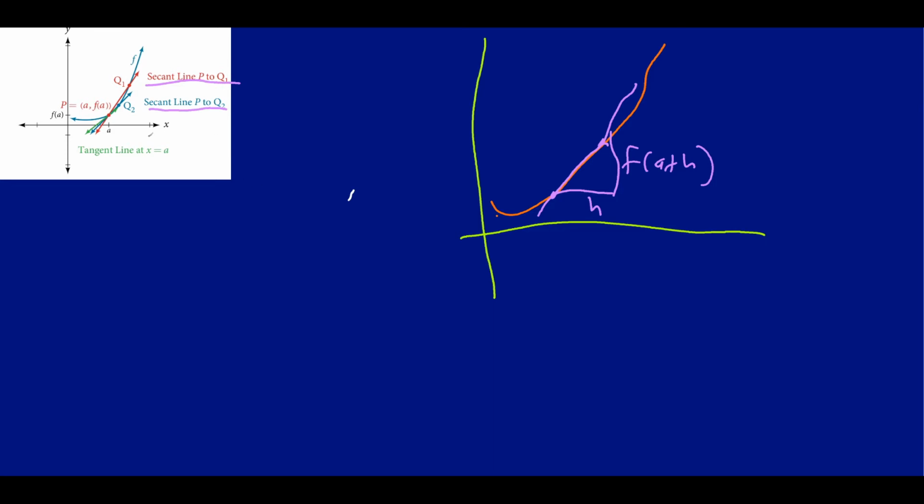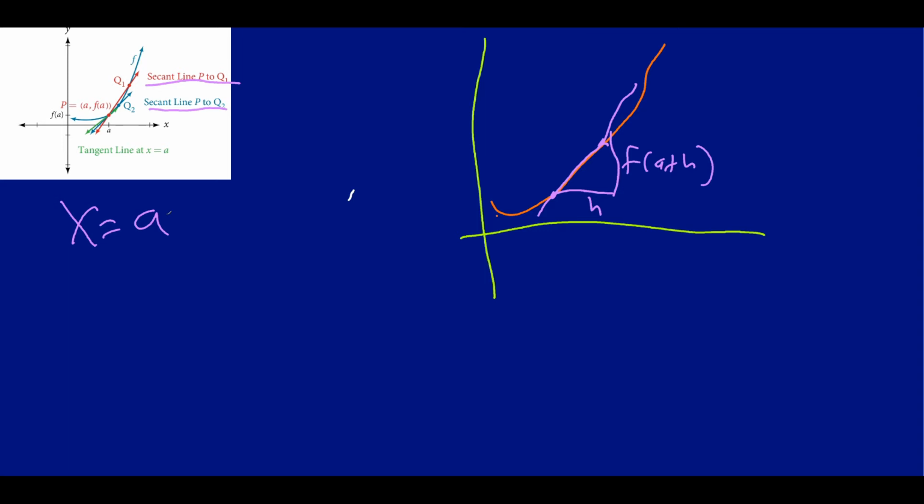For the example here to the left, we're trying to get the instantaneous rate of change when x equals a. So when x equals a, we can tell at that particular moment what the change is. And another name for this instantaneous rate of change is the derivative, which is what we're going to be talking about now.